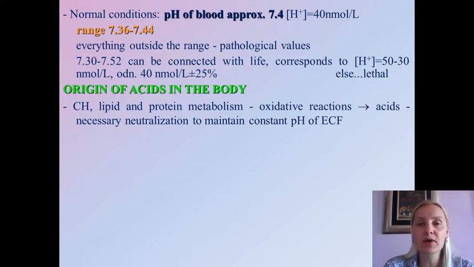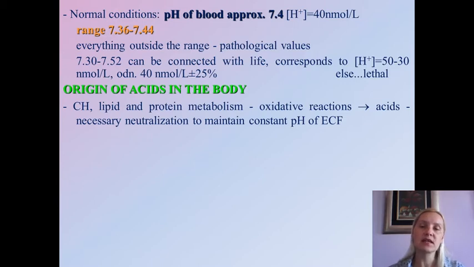So during carbohydrate metabolism, this is what we know. Glucose is degraded to pyruvate in aerobic glycolysis, which is the salt of pyruvic acid. In anaerobic conditions, it's metabolized or reduced to lactate, which is the salt of lactic acid.